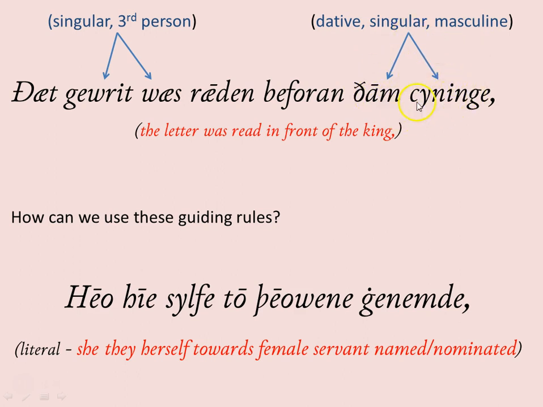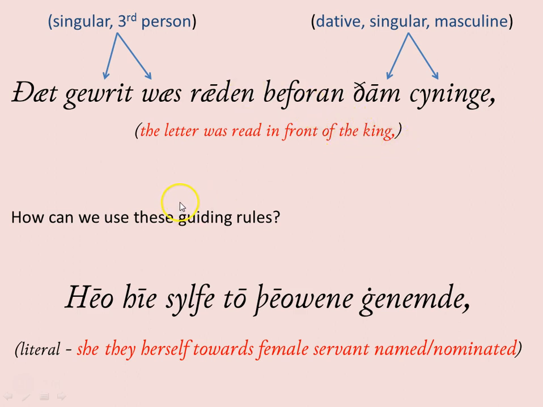So the king is how we can interpret that. The letter was. So those two agree with each other grammatically. They are communicating some information in that way. The letter was, and in front of the king. So the letter was read in front of the king, before the king.